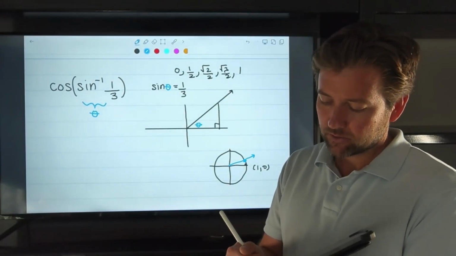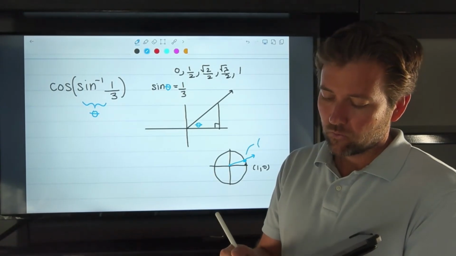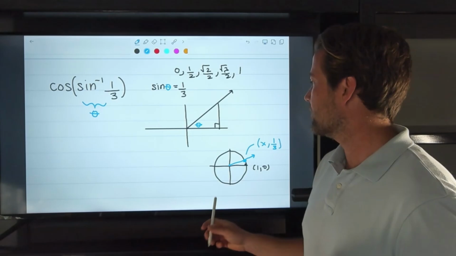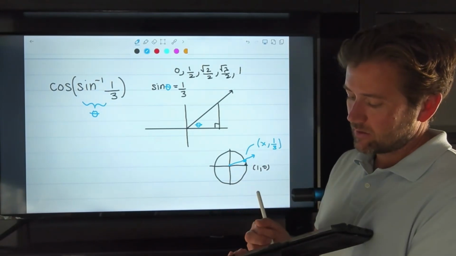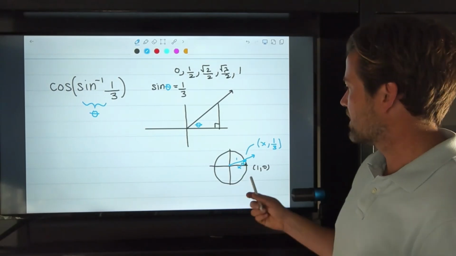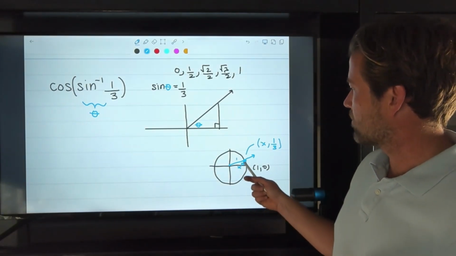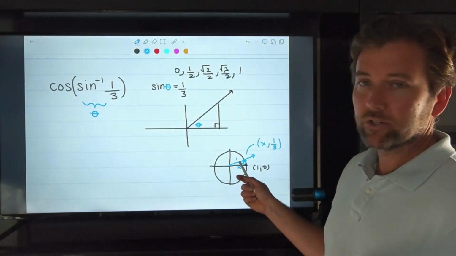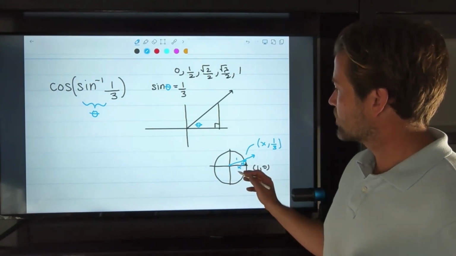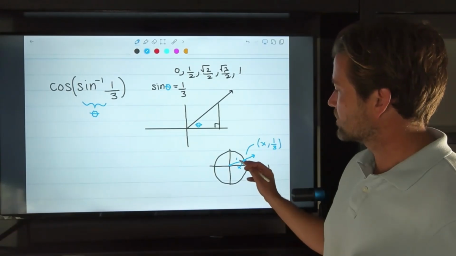So this point would be x, 1/3. Now I could use Pythagorean theorem and draw a right triangle here. And I know the x, this is x, the y is 1/3, the radius is always 1. Because it's a unit circle, the radius is 1. So I could do x squared plus 1/3 squared equals 1 squared to figure out what x is.